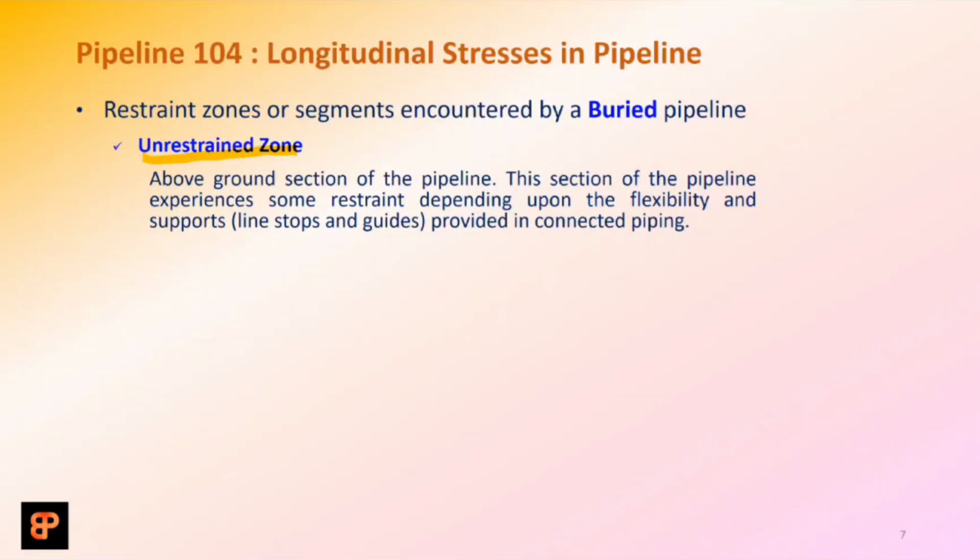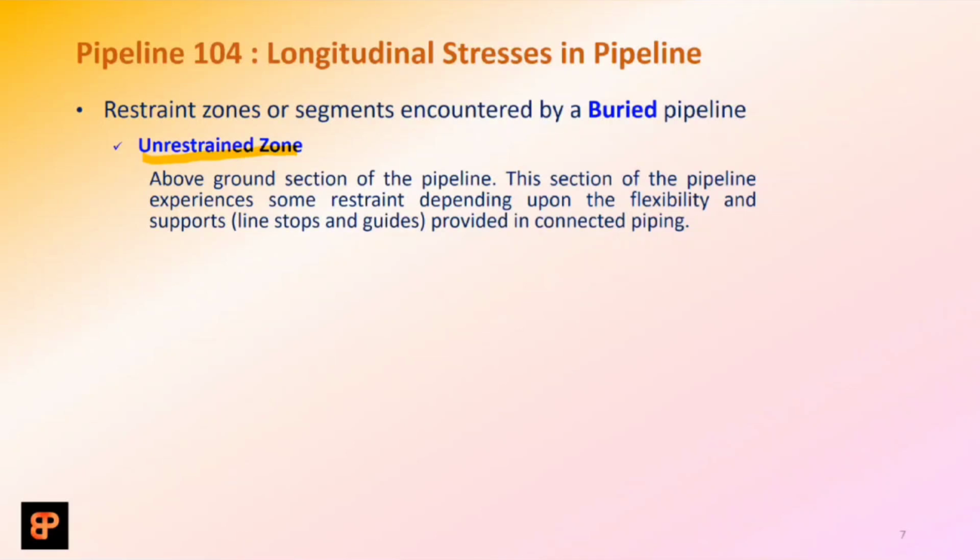So here there is going to be a pig trap, which has some supports, and the bar tee will connect the bypass piping with the on-plot piping network, which can be the station piping. That piping will have some flexibility, and the line stops and guide supports.